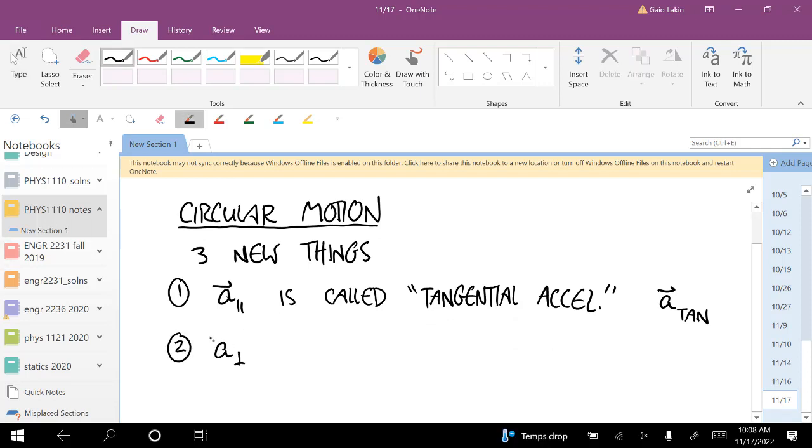What we've been calling aperpendicular, what does that relate to with our lab stuff? Turning, yep. And that's still the case, but for circular motion only, we're going to call it centripetal acceleration.